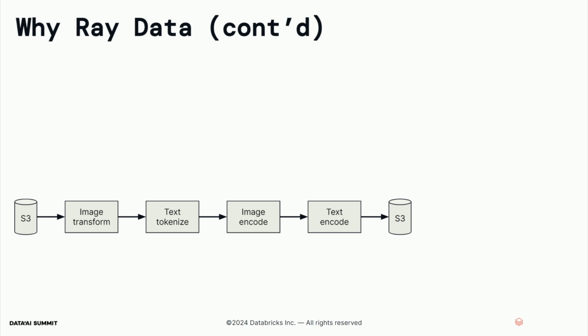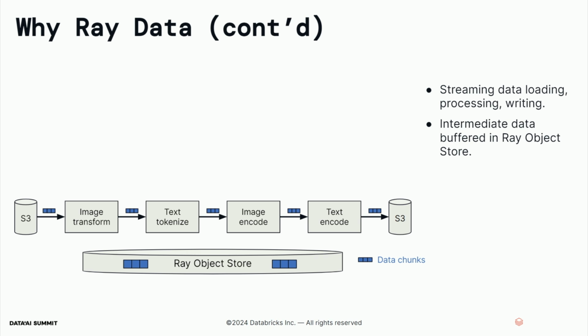This diagram shows the data pipeline we have for this offline job. First of all, Ray Data can stream the data across the entire pipeline, and we use Ray object store to cache and buffer the intermediate data. Ray object store is a distributed data storage that uses shared memory to allow sharing data among different processes in the same cluster.